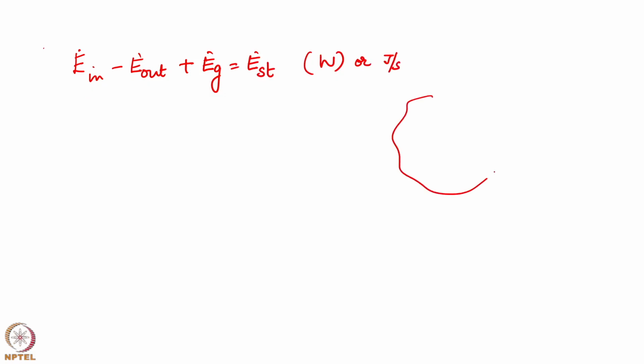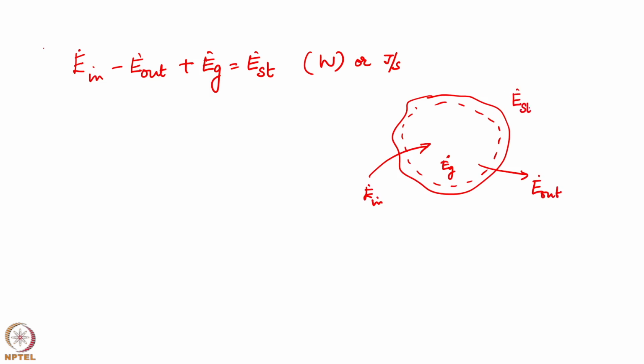So, if I have a random control volume, this is my control volume, energy coming in, the rate at which it is coming in, the rate at which energy is going out, the rate at which energy is generated within the control volume, and the change in energy with respect to time is dE stored by dt, dE CV by dt. This is what was the term on the left hand side of your first law of thermodynamics, dE CV by dt, rate at which energy is changing inside the control volume.